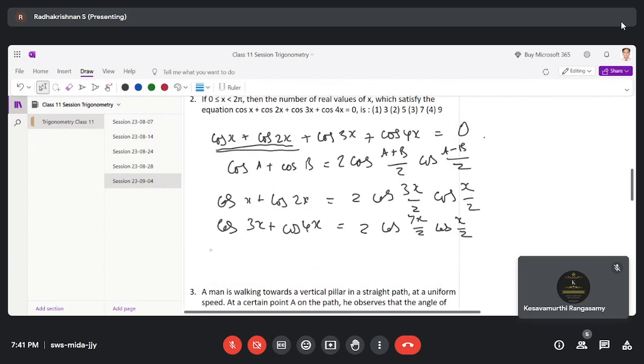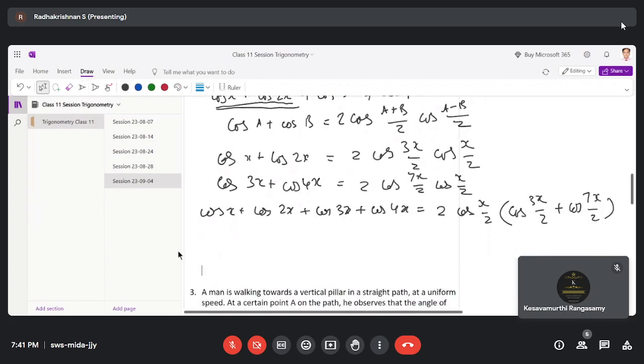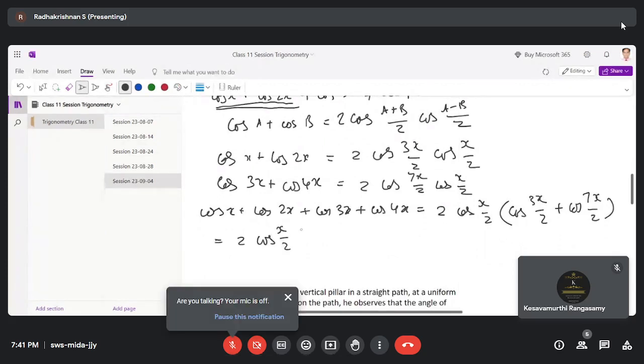So cos x plus cos 2x plus cos 3x plus cos 4x is equal to, we are adding these two. So I'm taking out 2 cos x by 2, which is common, into cos 3x by 2 plus cos 7x by 2. So again, apply the same formula.